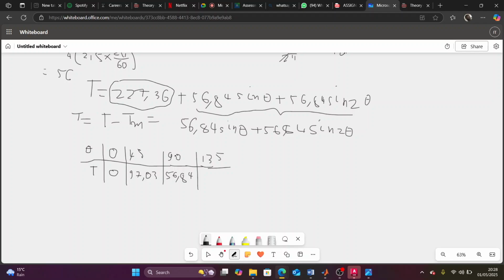Negative 16, comma 6. 65. Now, the following one is what? 180. What is the answer? 0. Okay, 0. Now, after 180, what is the following one?